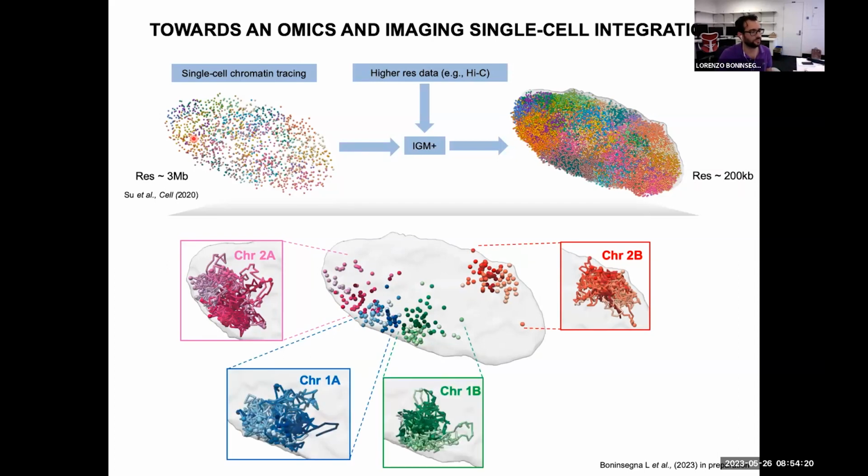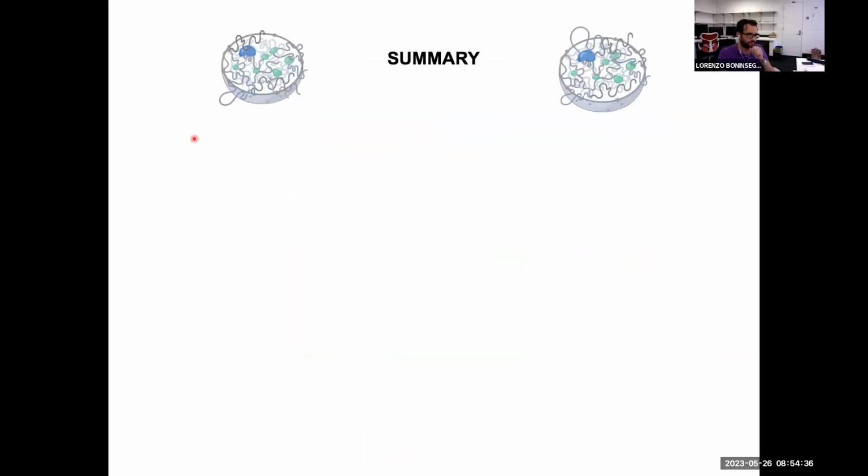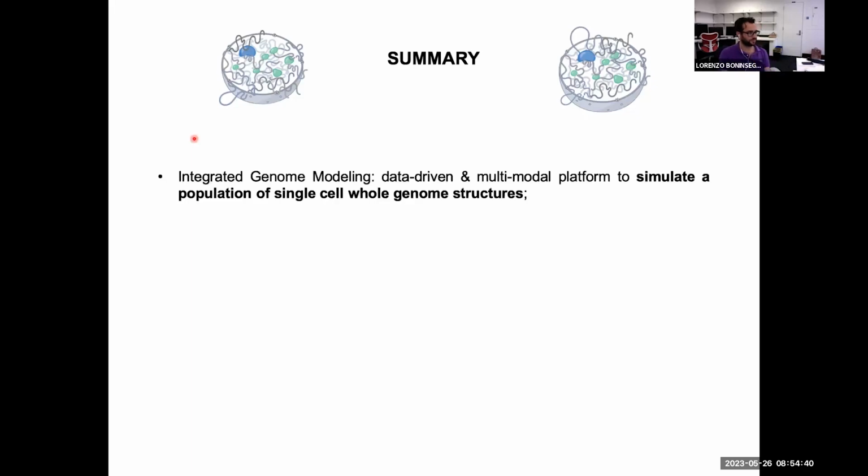This is something that's in place, the platform is in place right now, and we're looking for collaborations, people who have this type of data and are interested in collaborating with us and making the most of this data. So let me just wrap this up.